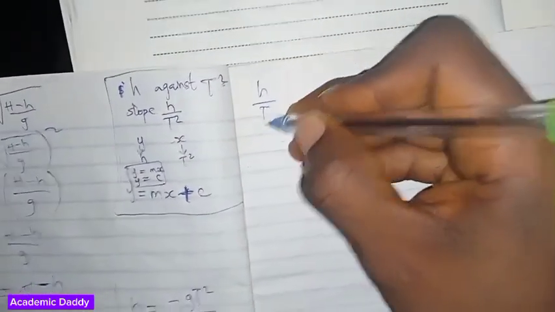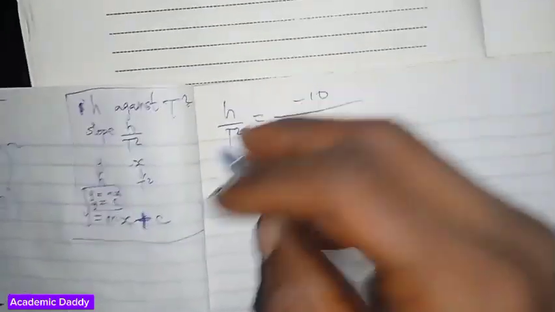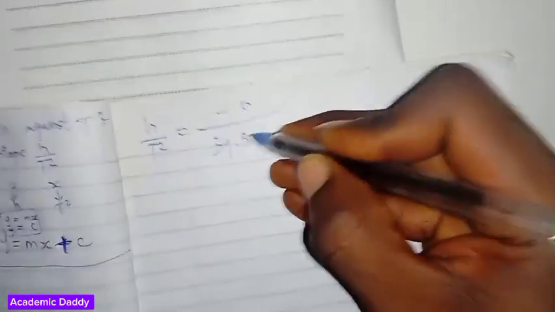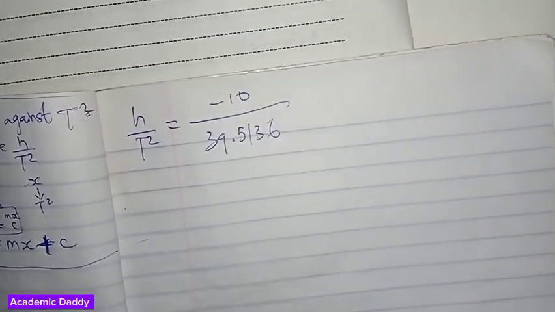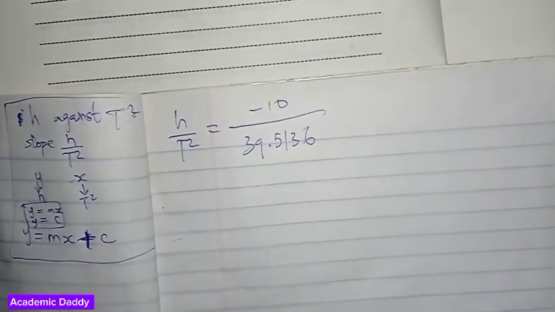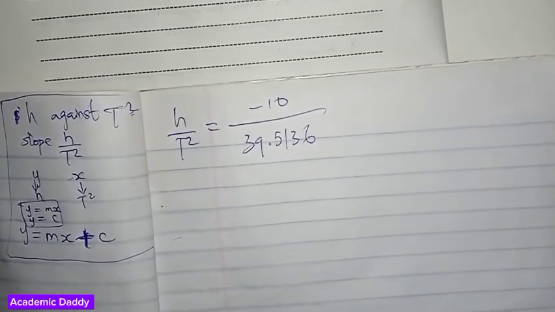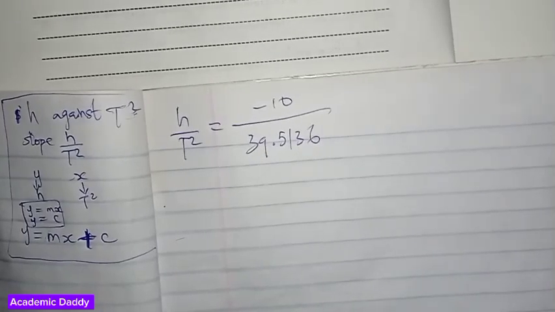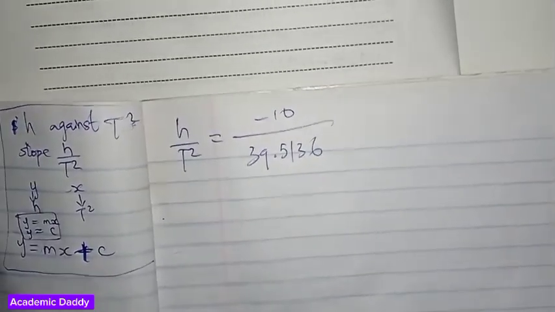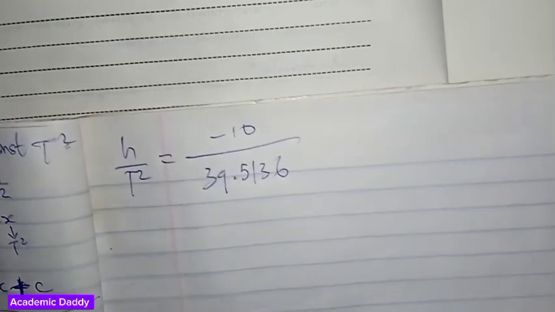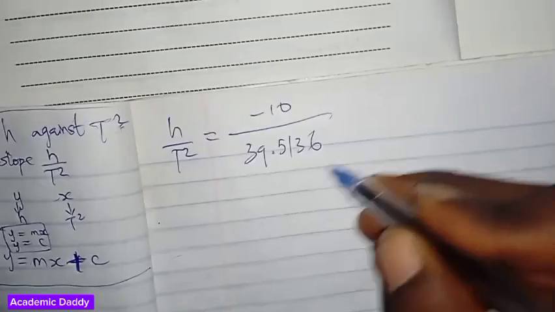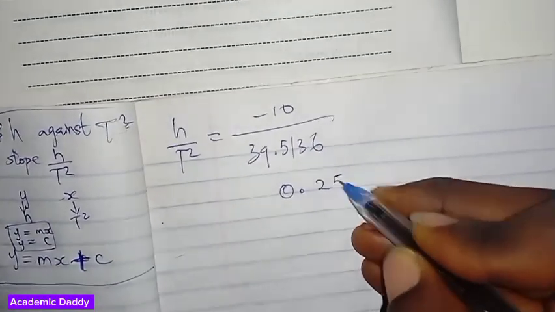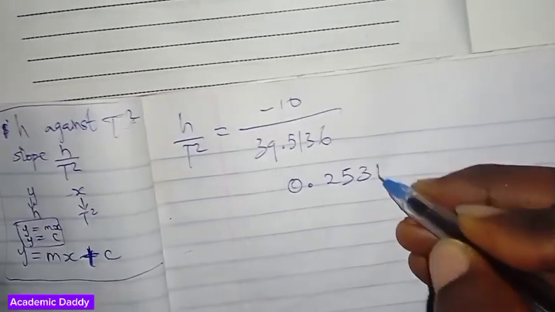So I have 39.5136. So h over t squared equals minus 10 over 39.5136. By the time I do 10 divided by 39.5136, you get 0.2531.